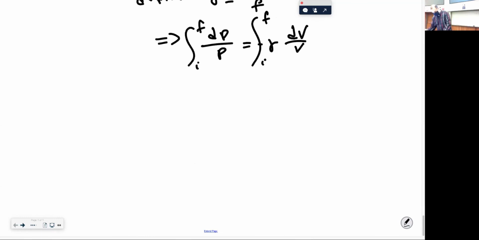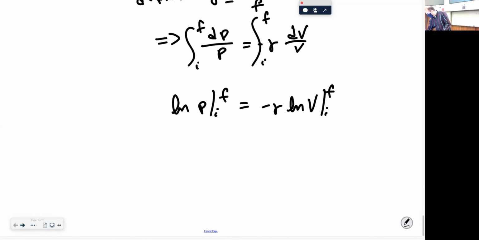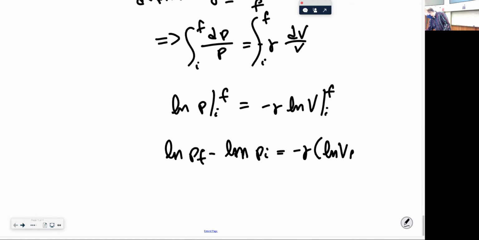You get the natural log of p, evaluated from the initial to the final, equals negative gamma times the natural log of v, evaluated from initial to final. So this looks like ln of p final minus ln of p initial equals negative gamma times ln of v final minus ln of v initial.